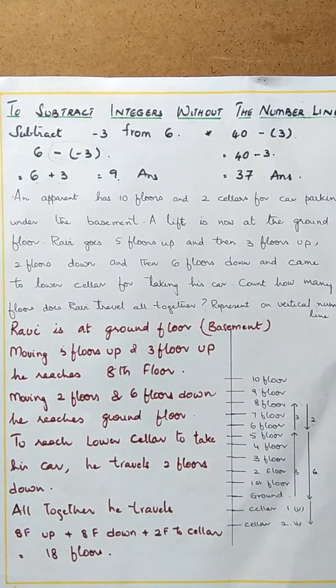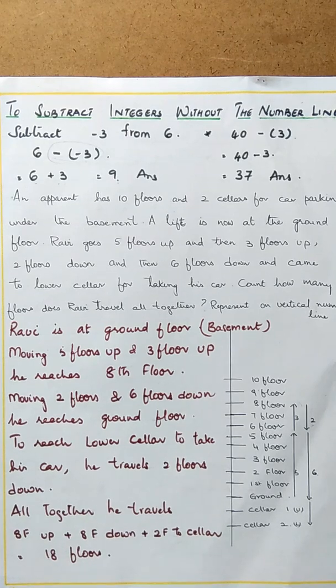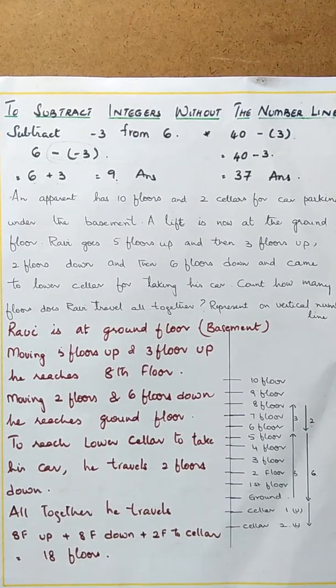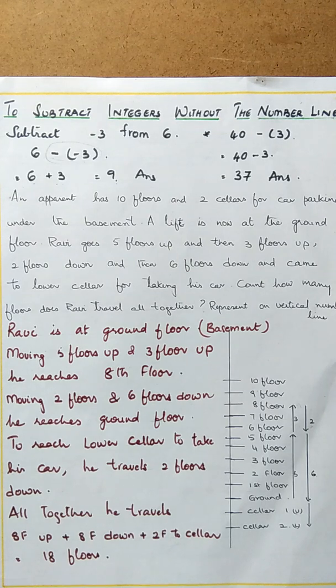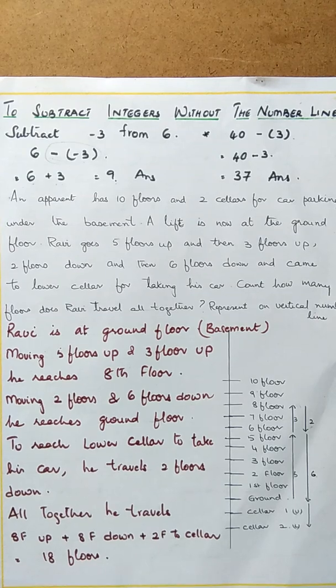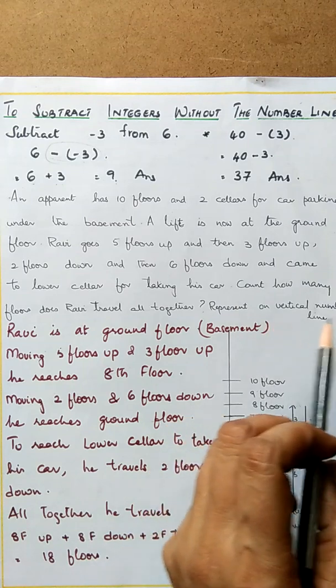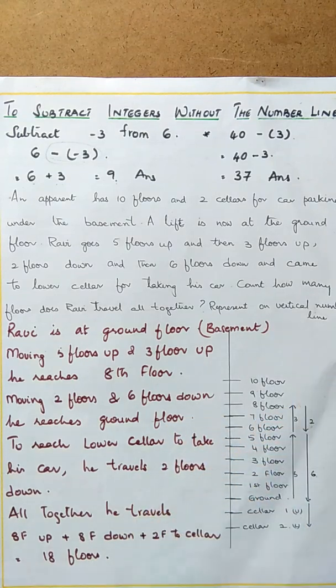Now, there is one more problem here. Let us see. An apartment has 10 floors and 2 cellars for car parking under the basement. A lift is now at the ground floor. Ravi goes 5 floors up and then 3 floors up, then 2 floors down and then 6 floors down, and came to the lower cellar for taking his car. Count how many floors Ravi travels altogether, and represent it on the vertical number line.